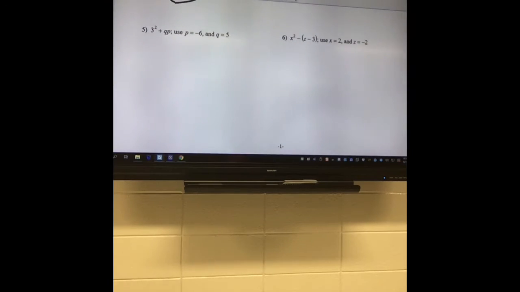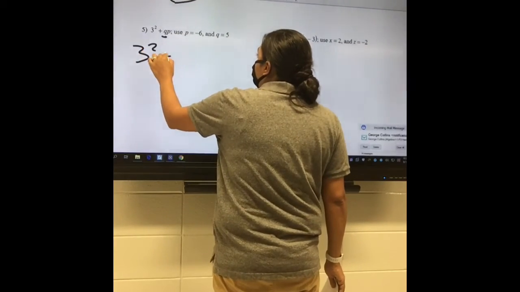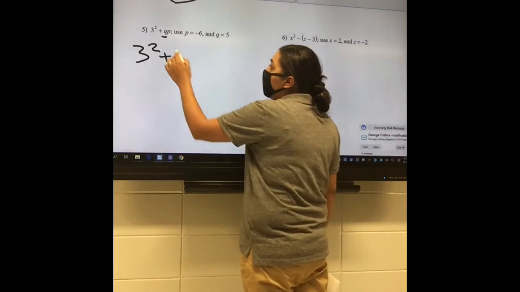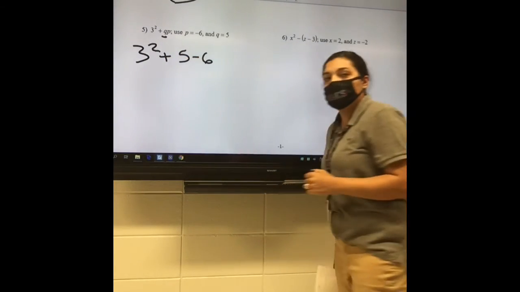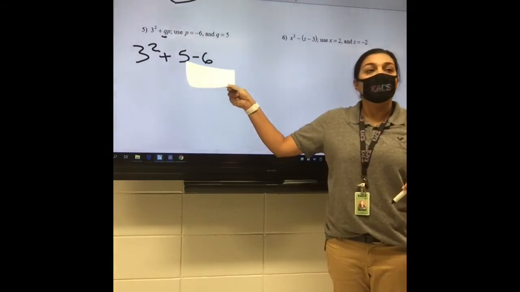Okay, 5 says 3 squared plus QP. What does it mean if they're right next to each other? It means multiply. When you're working with negatives, be very careful about multiply. So if you put just Q and then we have P, what's it look like? 5 minus 6.